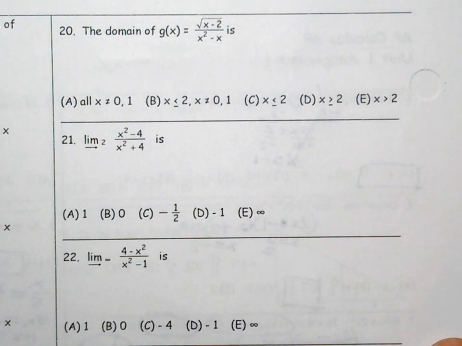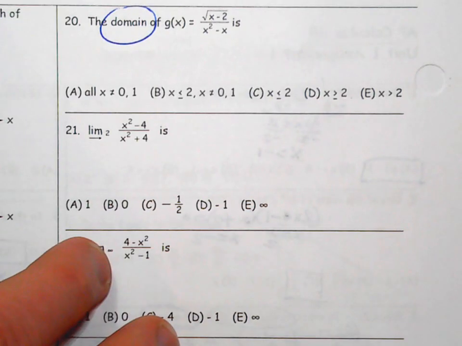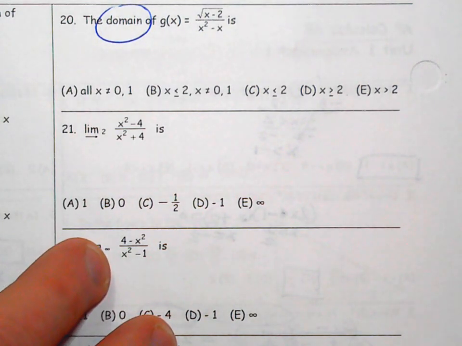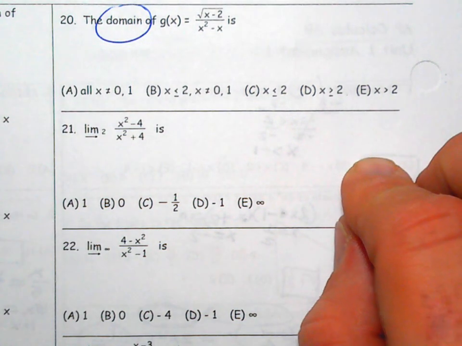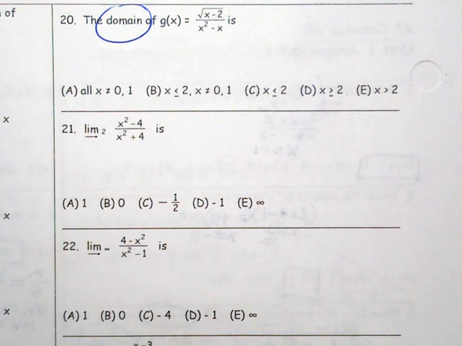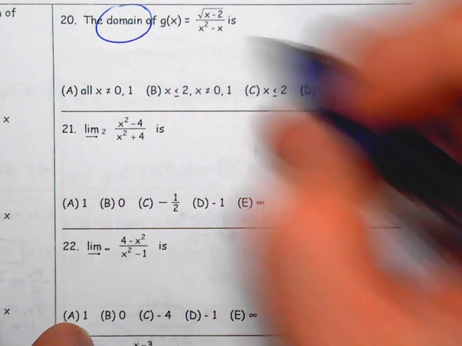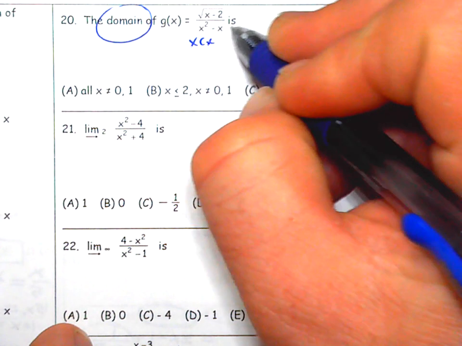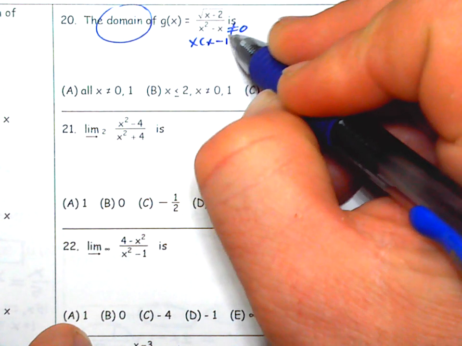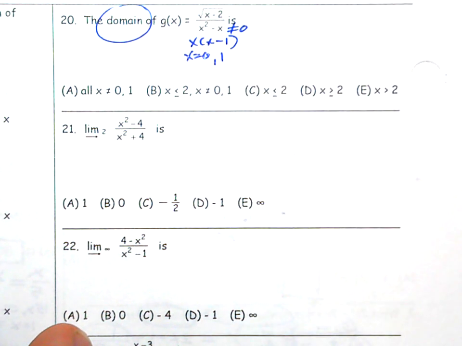19, the domain. Now domain is something you talk about at the beginning of algebra 1. It's all the values of x that are allowed to be plugged into the function and that actually give you some kind of y out. There are potentially problems with division by 0, square roots of negatives or even roots of negatives, natural logs of negatives, natural logs of 0. So there are some different situations where there are no answers. In this case, we have division by 0, so the bottom can't be 0. So that means that 0 is out and 1 is out.